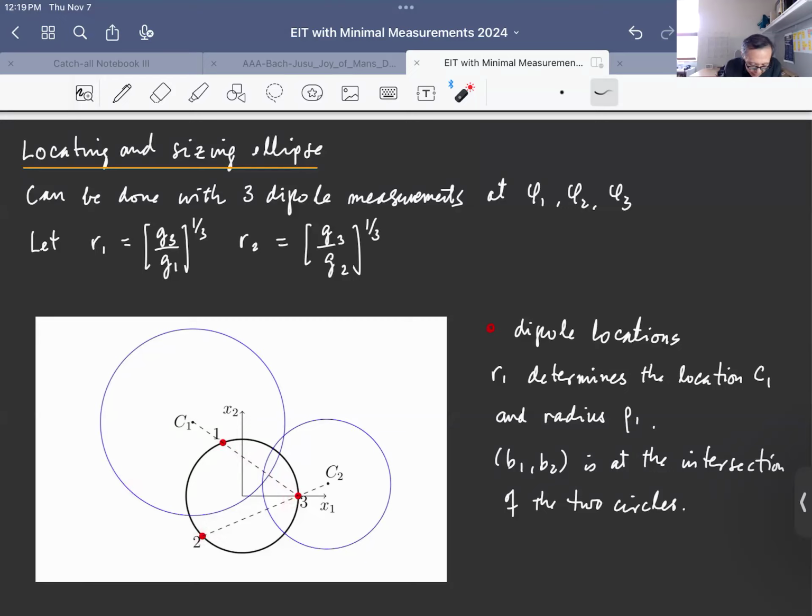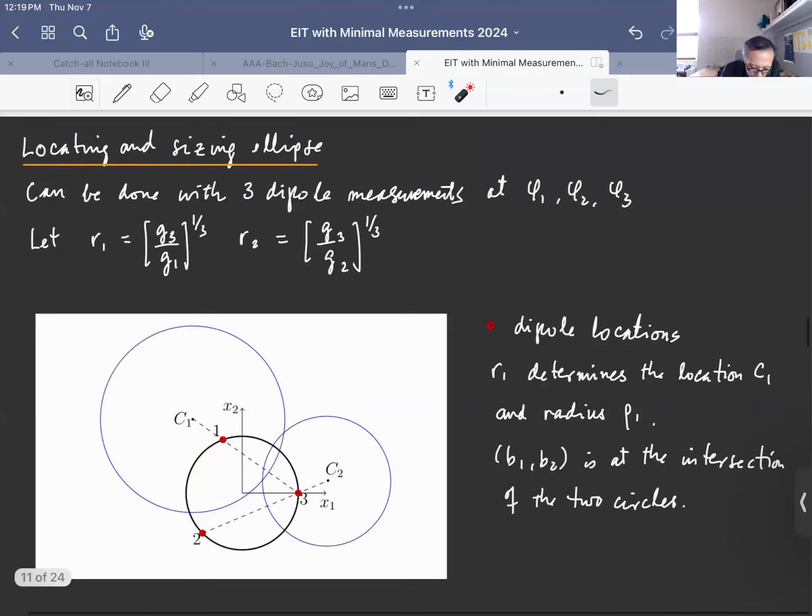And the radii themselves depend on the ratios of the measurements. So let's call R1 G3 divided by G1, which is the measurement obtained at 3 divided by the measurement obtained at 1, raised to the power 1/2, sorry. And then R2 is G3 divided by G2 to the power 1/2 as well.